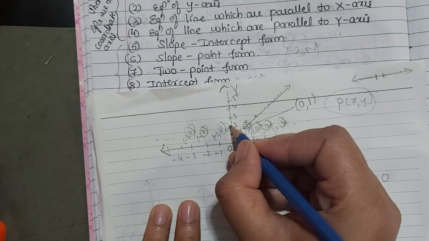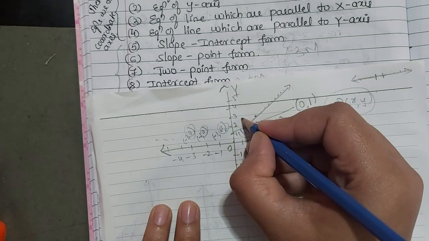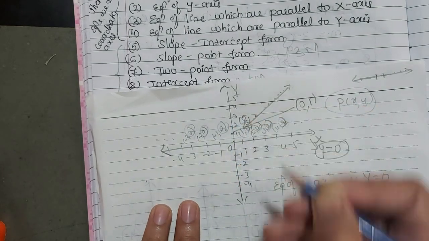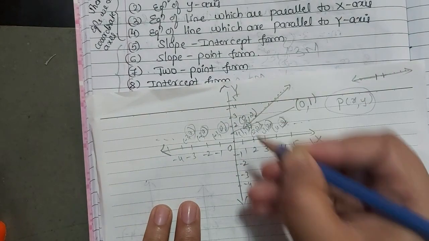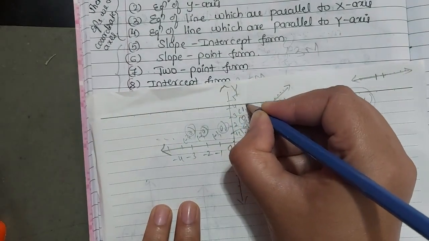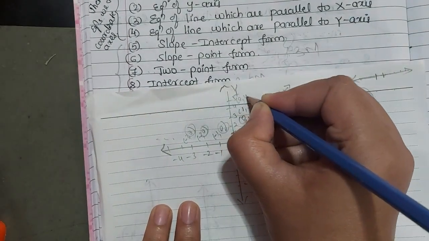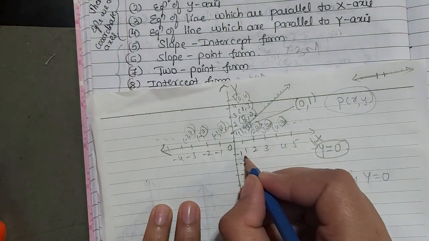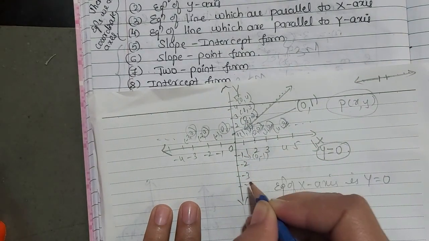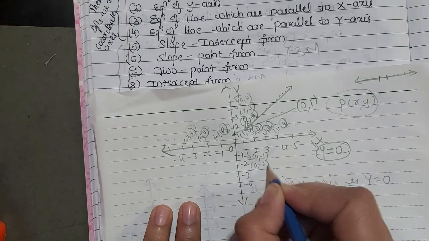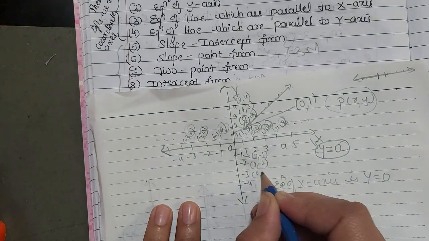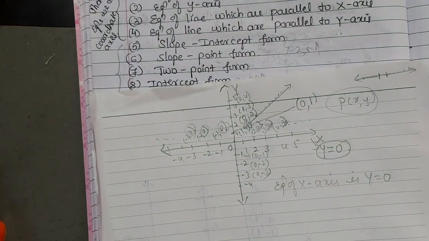The coordinate of point 2 on the y-axis is written as 0, 2. Then 0, 3; 0, 4; 0, -1; 0, -2; 0, -3.